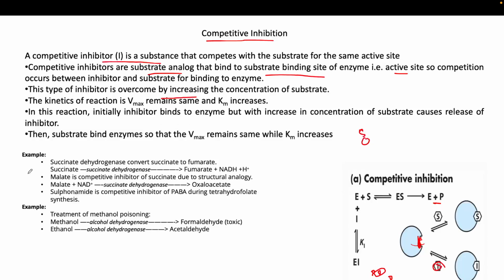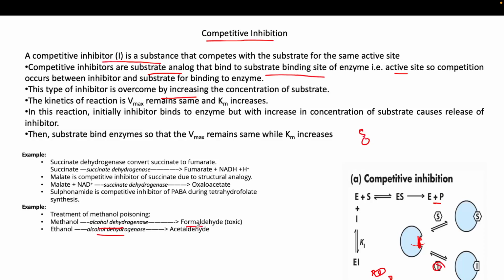There are several examples of competitive inhibition. The most common example is the treatment of methanol poisoning. So what is methanol poisoning? Methanol and ethanol are both substrates for alcohol dehydrogenase. When methanol goes inside our body, through alcohol dehydrogenase it gets converted into formaldehyde, which is toxic for our body.